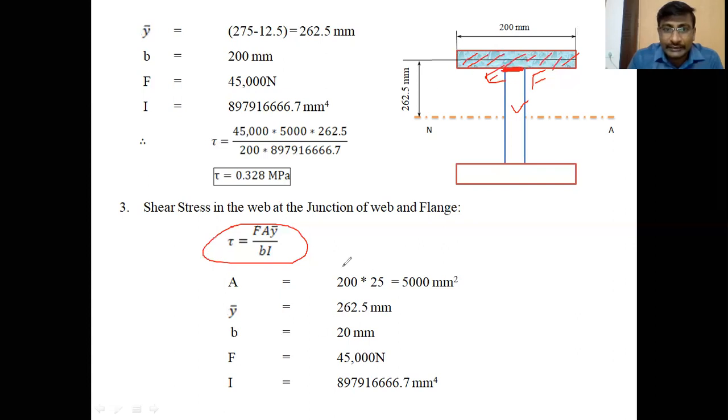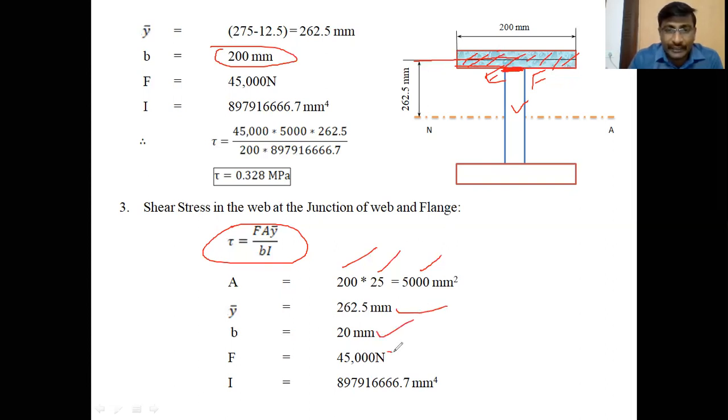So area is 200 into 25, that is 5000 mm square. And y bar is also the same as in the previous case, 262.5, because the area above the layer EF has its CG at a distance of 262.5 mm from the neutral axis. Now the only change is the B value. The breadth suddenly changes from 200 mm to 20 mm, so B is taken as 20 mm here.